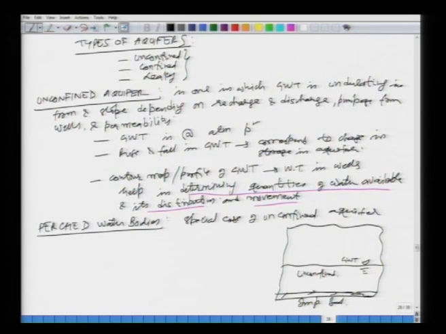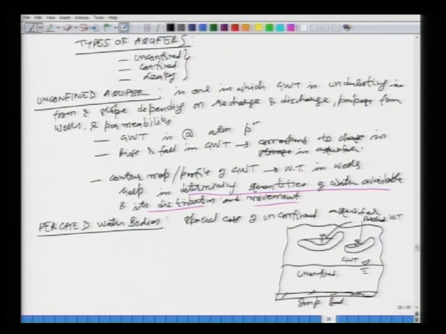What may happen is you may have some material which is impervious, and there may be some water at a shallow depth lying in here. These are called the perched water table, this one and this one.